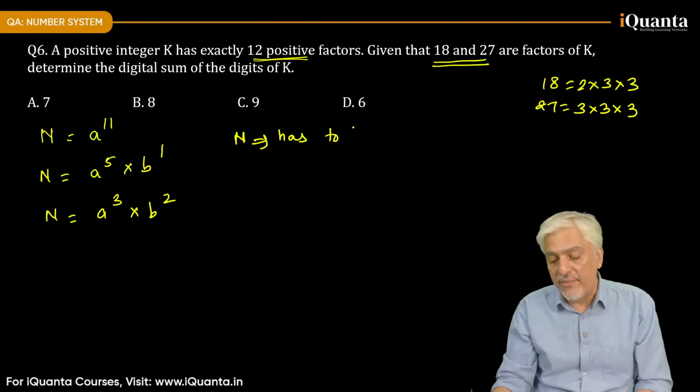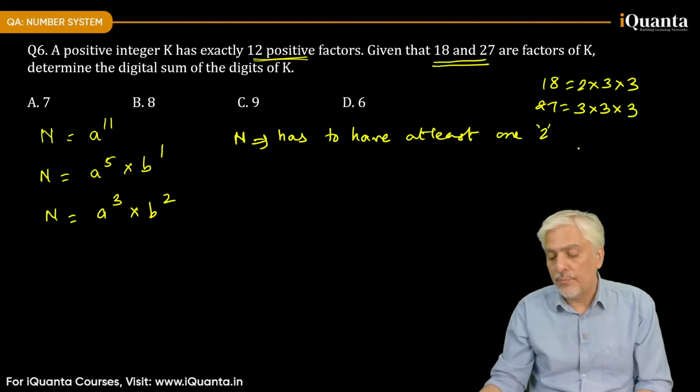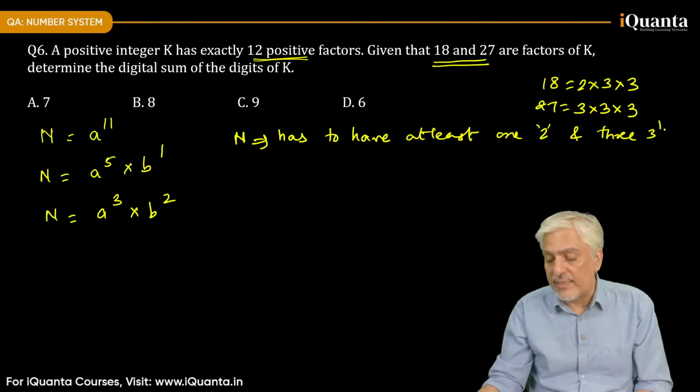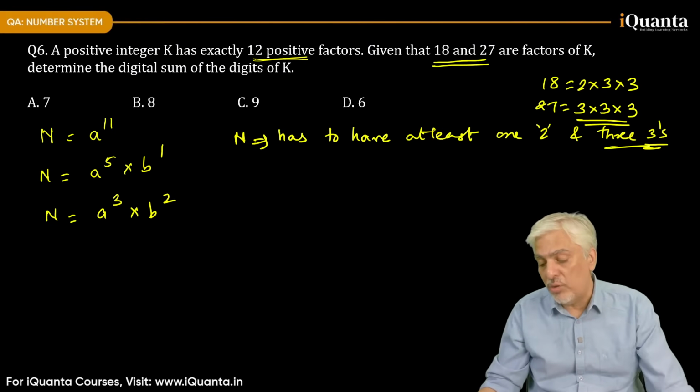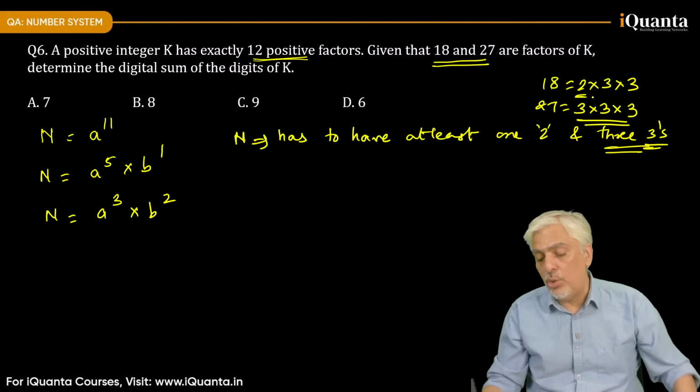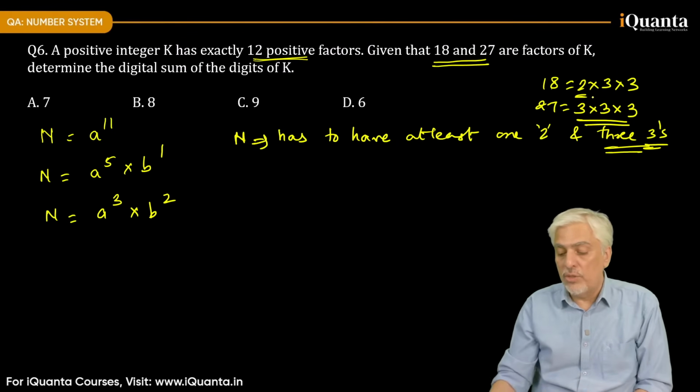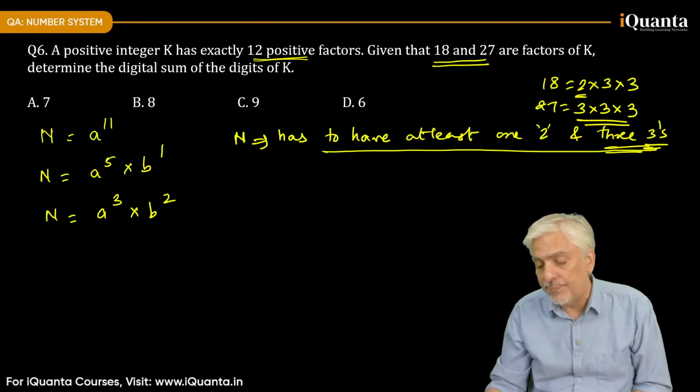N has to have at least 1 two and 3 threes, because it has to be divisible by 27. So it has to have 3 threes, and 18 makes 2, so it has to have 1 two. So this is the bare minimum we need.